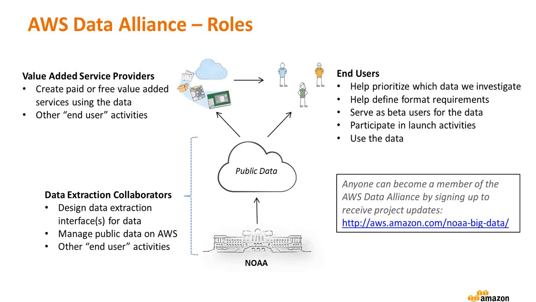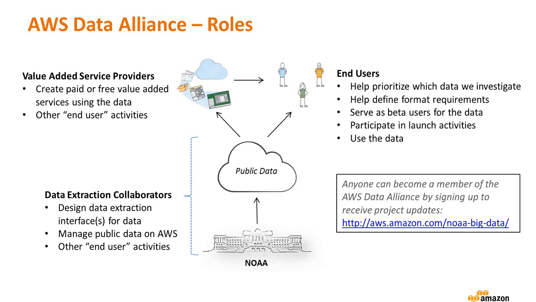This is also very similar to our Landsat model, where those partners, those collaborators that I mentioned, including Planet Labs and Esri and Mapbox, have helped to develop the processes to push the data from USGS's servers out to AWS, as well as to manage the public data set for public access.